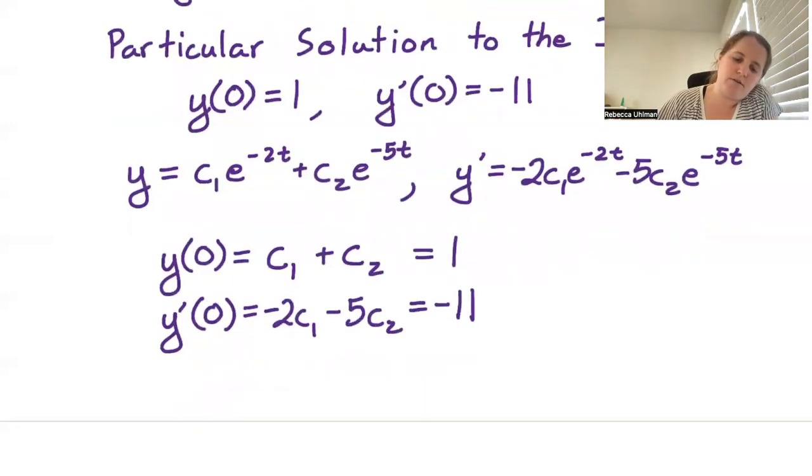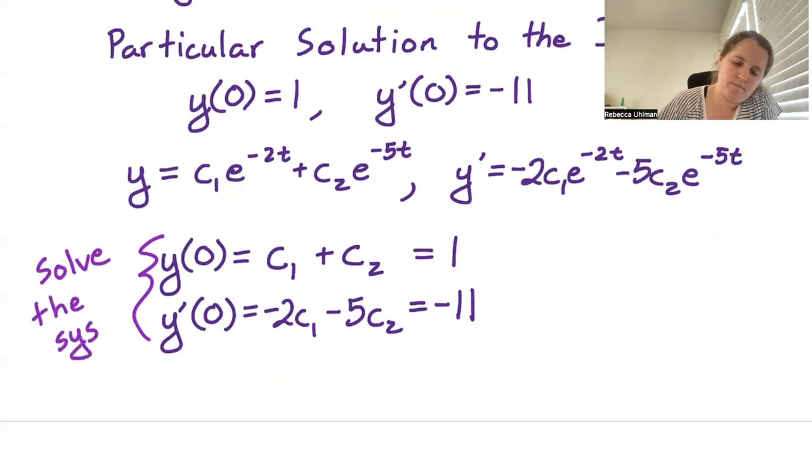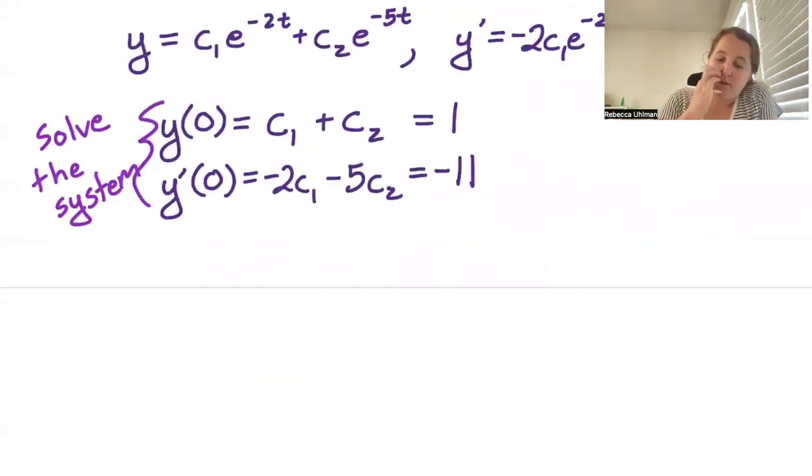So now we need to solve this system. You can do this via elimination, you can do substitution, you can use matrices and do some linear algebra. Whatever technique works for you is fine with me. I'm going to run elimination.